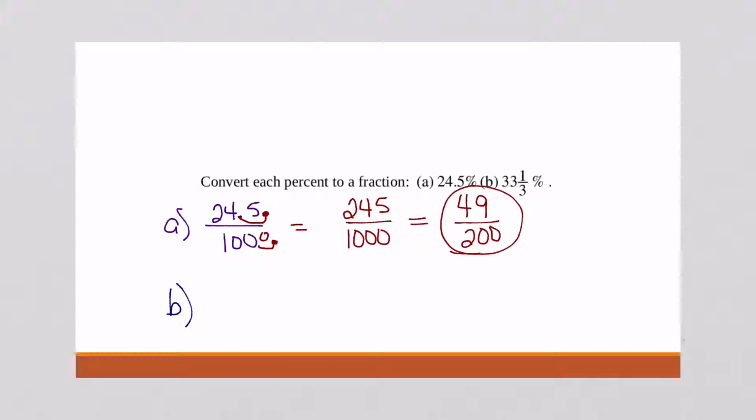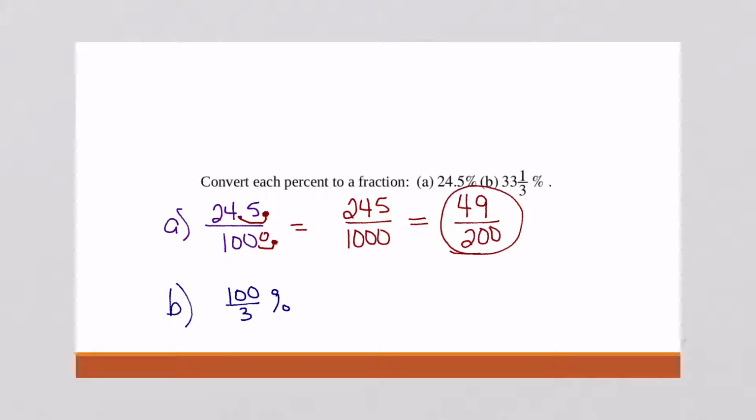33 1/3%. I would turn that into an improper fraction first. So I would have 33 times 3, which is 99, plus 1, so I would have 100/3%.